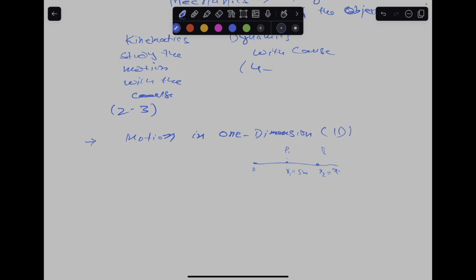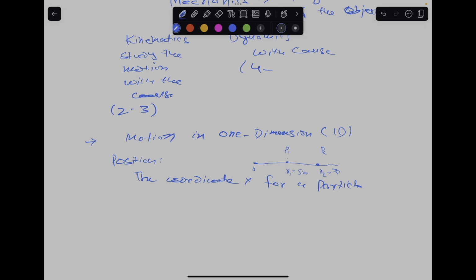So it changes its coordinate from point P1 to point P2. So position is the coordinate x for a particle.